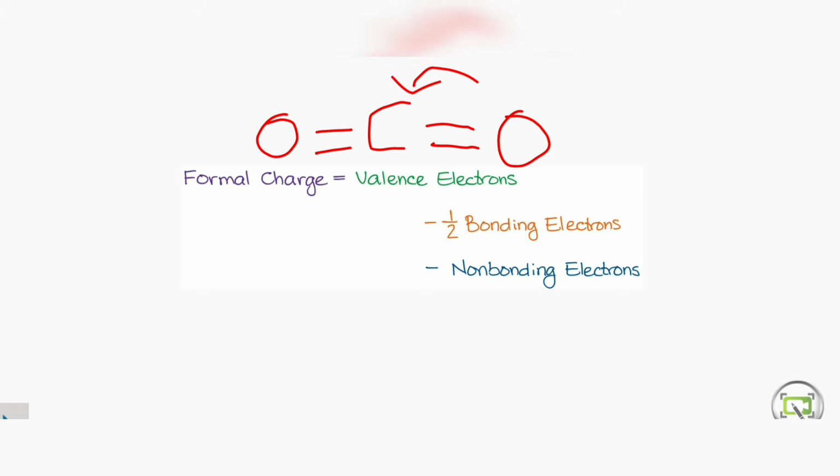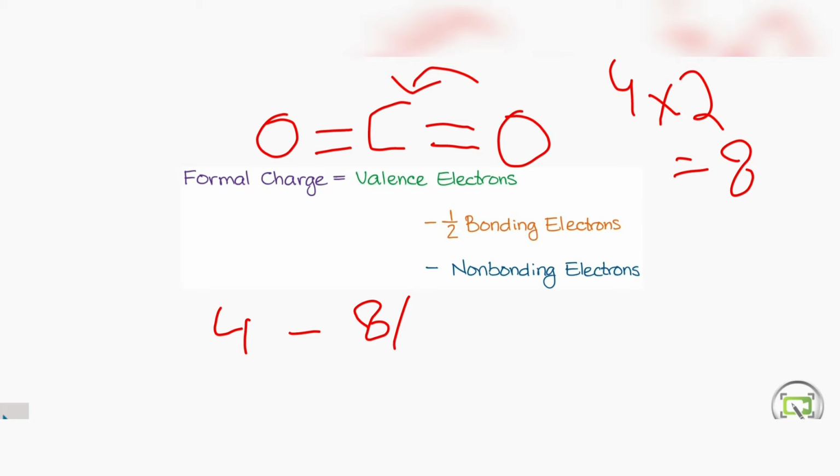Valence electrons of carbon are 4, as you know, and bonding electrons: you can see carbon is making 4 bonds and each contains 2. So 4 into 2 is equal to 8. You have to divide it by 2, because it is in the formula.